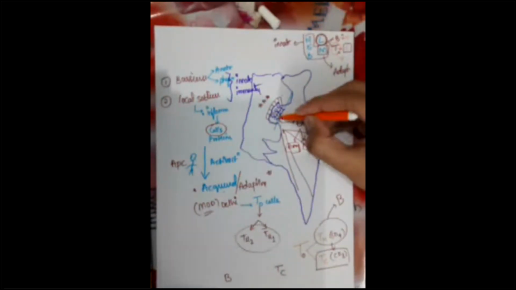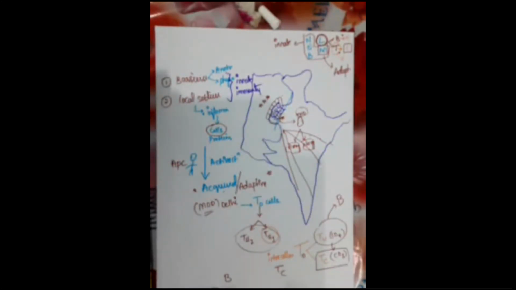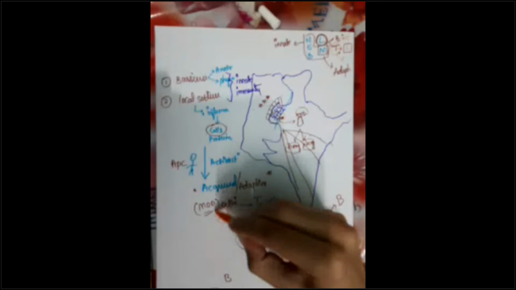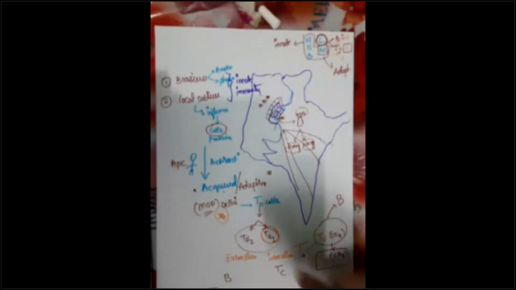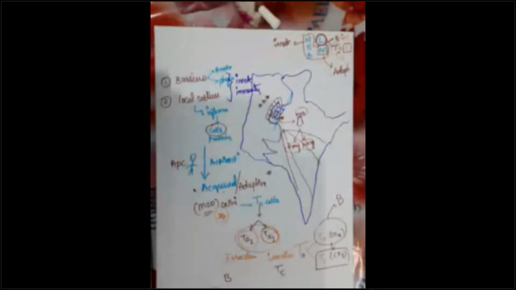Now, based upon the antigen that is there, if it is an intracellular antigen, the T helper cells will be created. If the antigen that has entered is intracellular, the T cells will form T helper 1 cell. If it is an extracellular organism, meaning the organism is there inside the blood, then they will form T helper 2 cell, guys.